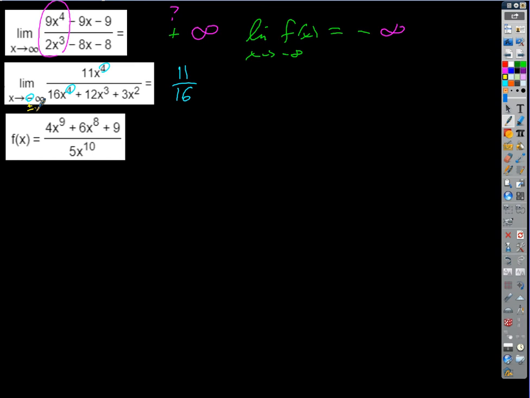Okay, bottom one. Oh, and I forgot to write the limit on that one. So say that's f of x, and we're taking the limit of f of x as x approaches negative infinity. What's the answer? Here's the important thing.